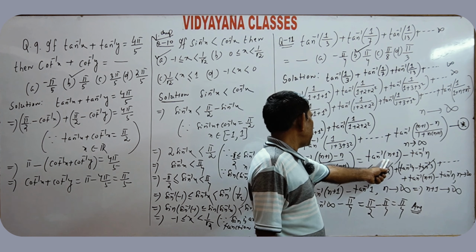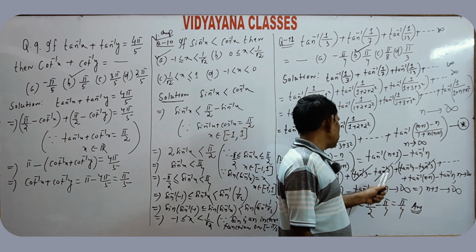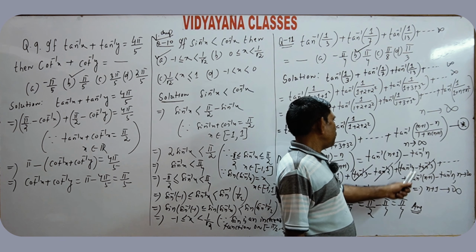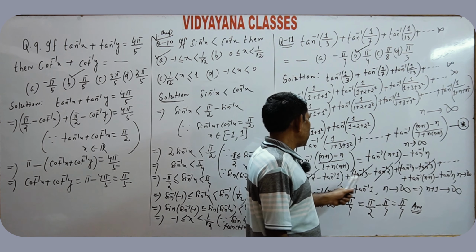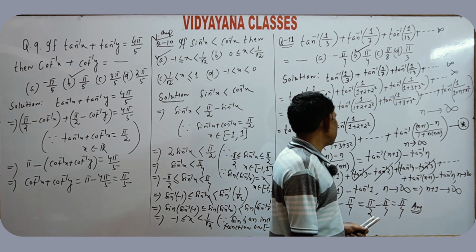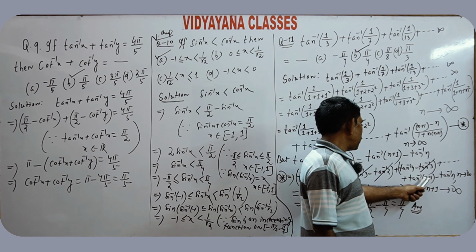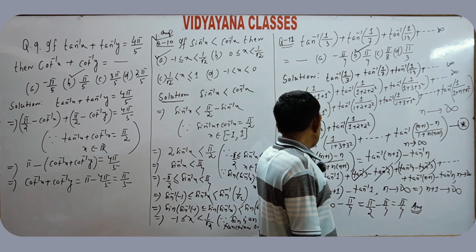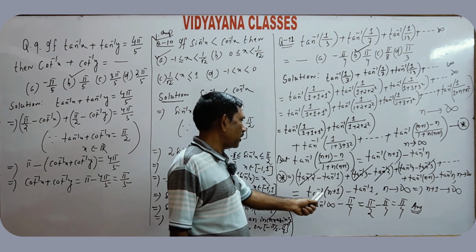For n is equal to 1, the first term is this. For n is equal to 2, the second term is this. For n is equal to 3, it is the third term. Tan inverse 2 cancels, tan inverse 3 cancels. The last term gives tan inverse n plus 1 and the first term gives minus tan inverse 1.